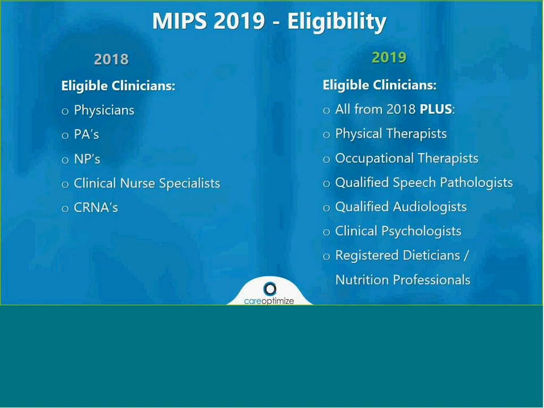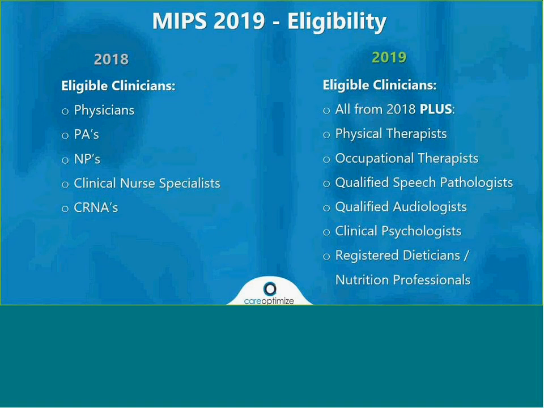All right, let's start with eligibility. So this year, you can see on the left-hand side of your screen, you've got physicians, PAs, NPs, CRNAs, and nurse specialists who are all eligible for this year, 2018. In 2019, they have confirmed that all 5 of those types of providers will also be eligible.